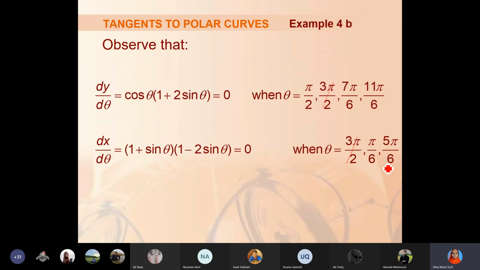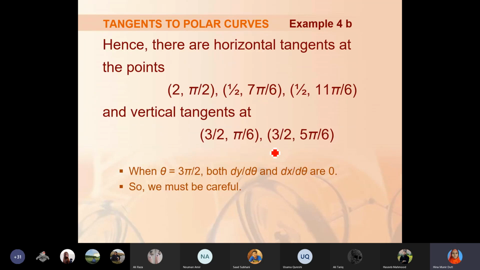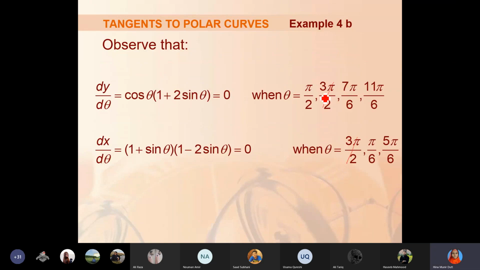So I will get these two values of theta and find the corresponding values of r. I can see again the same case, that both dy by d theta and dx over d theta are equal to 0 when theta is equal to 3 pi by 2.